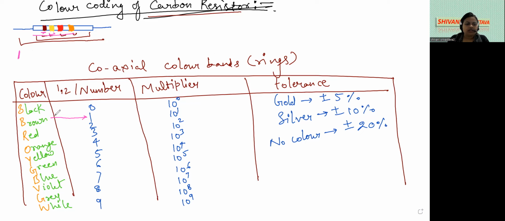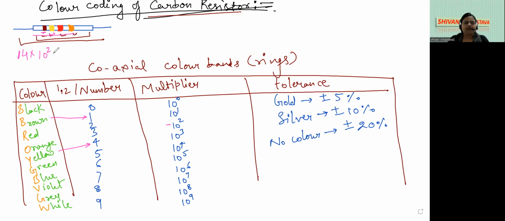Yellow is 4. The two digits we'll mention as they are. Now the multiplier will be red. Red means 10 to the power 2.